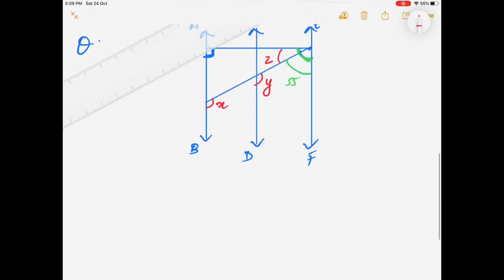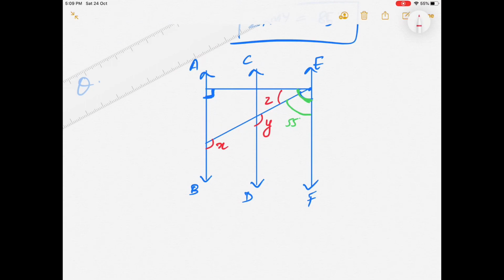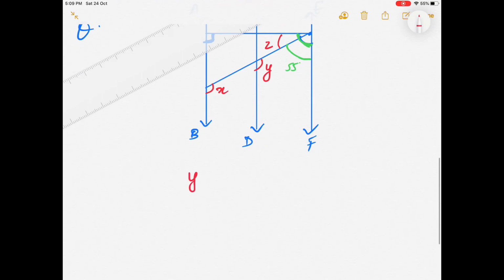If you see, line CD is parallel to line EF, so y plus 55 degrees will be equal to 180 degrees, because both of these angles are interior angles on the same side of transversal ED. You have to write all these things.